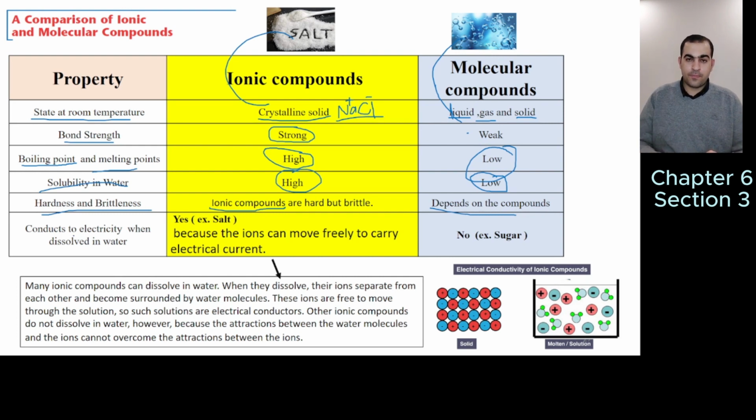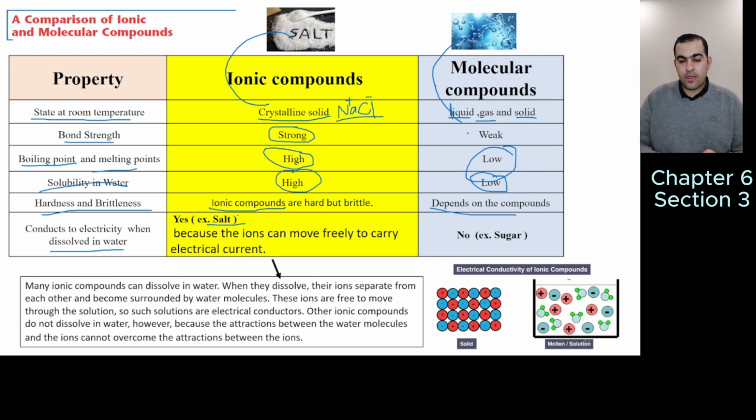Conduct electricity. Ionic compounds do not conduct electricity when they're solid, but conduct electricity when dissolved in water. Like salt. If you dissolve salt in water, then it carries electrical current.